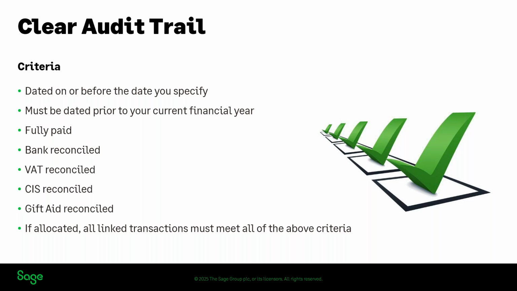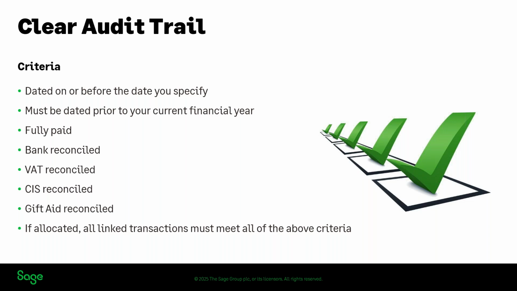And also the final one, which can catch people out, is if your transaction is allocated, so again, going back to a customer where you've got an invoice and you might have a receipt. So where transactions are allocated, so they're linked together, all transactions in that link must also meet all of the criteria for any of those transactions that are linked to be cleared.